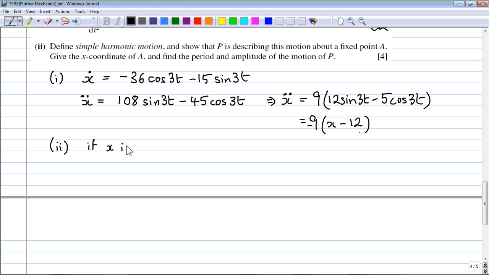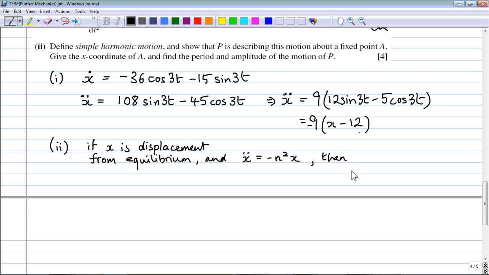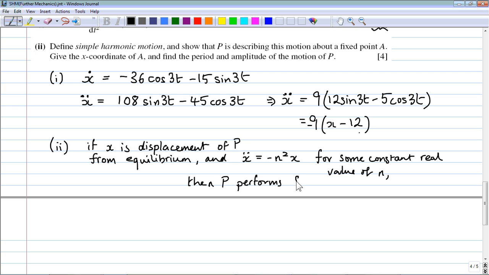So if x is the displacement of P, some particular object P, from equilibrium, and x double dot is minus n squared x, for some constant real number n, then P performs simple harmonic motion, SHM.